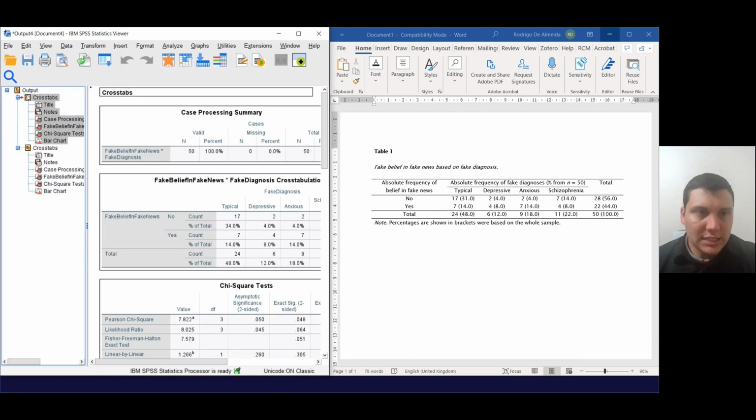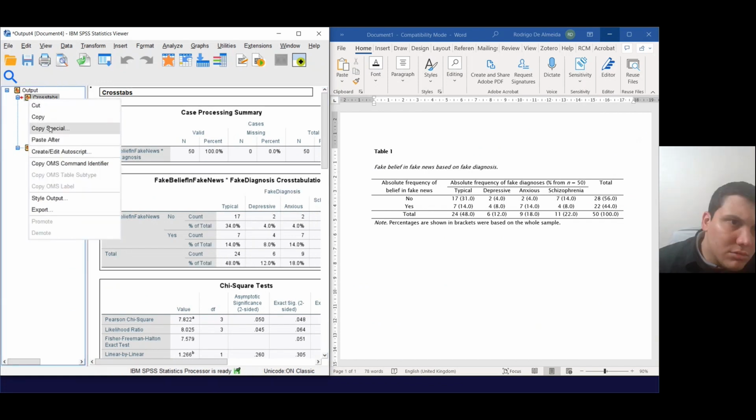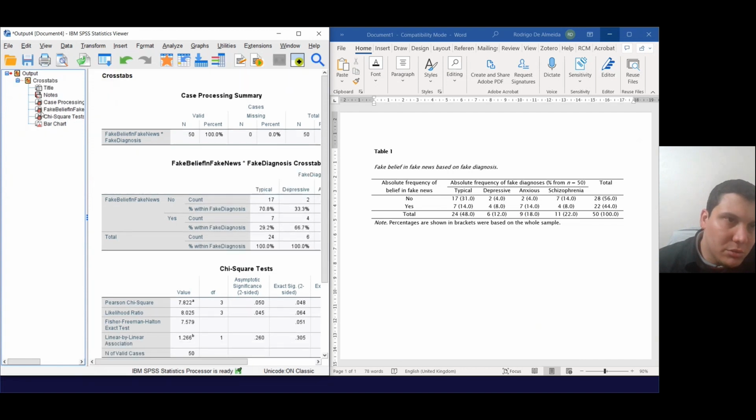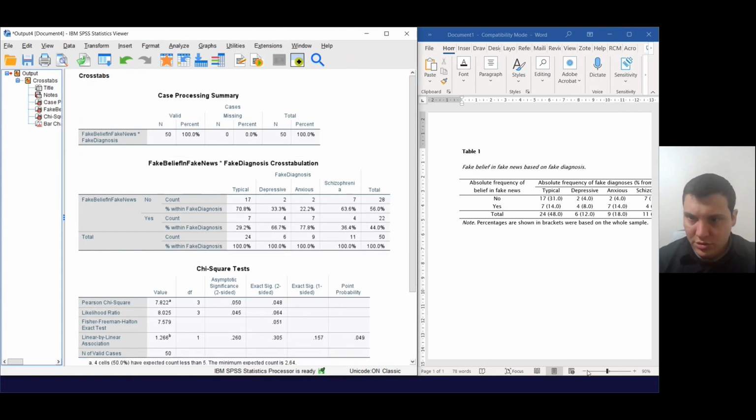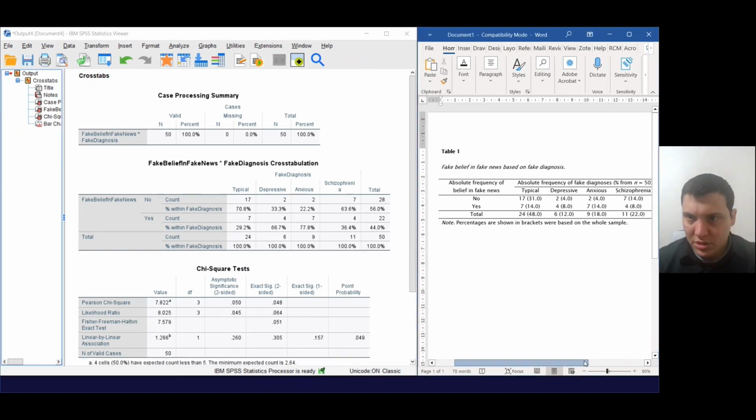So let's delete the first analysis, cut, just so we get rid of it. Right, and here we have this table. So it's supposed to be something similar to this.